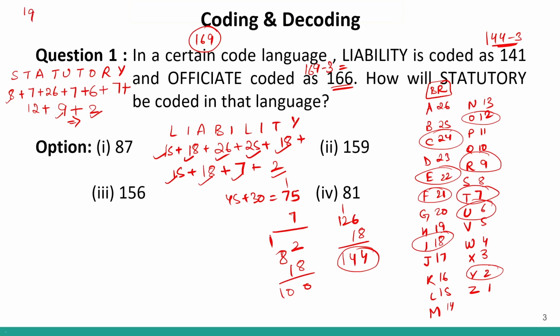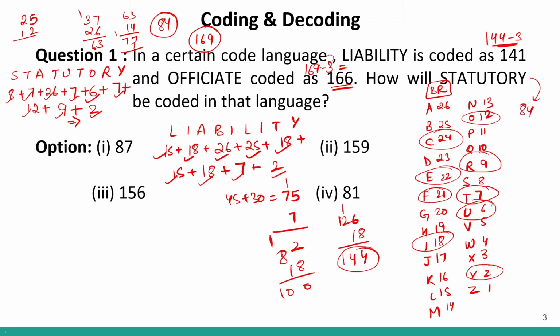Correct? 19 plus 6 will give me how much? 25. 25 plus 12, I'll get 37. 37 plus 26 will be 63. 63 plus 14 will be 77. And 77 plus 7 will be 84. So the sum of the backward ranks for statutory is 84.